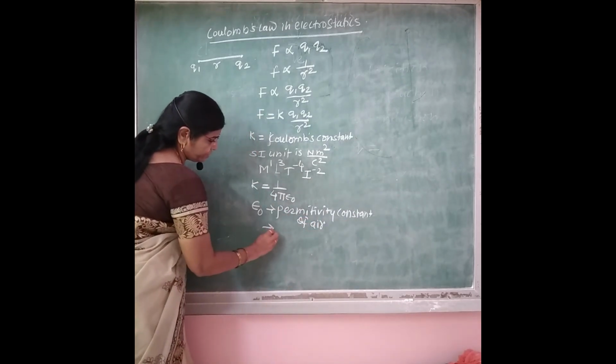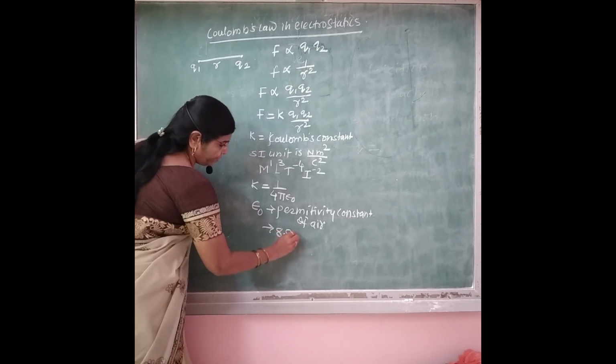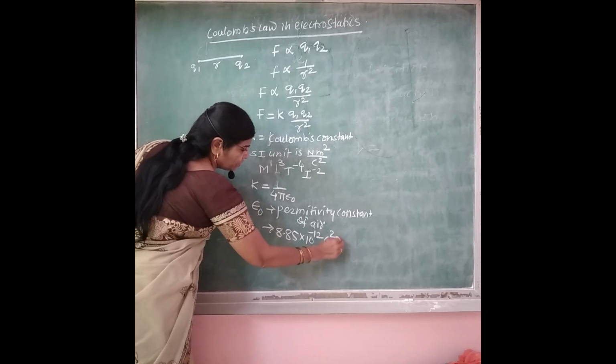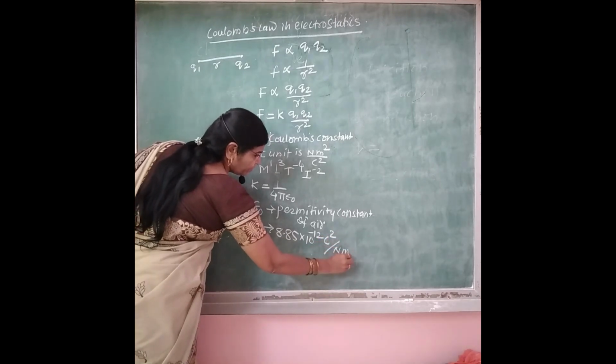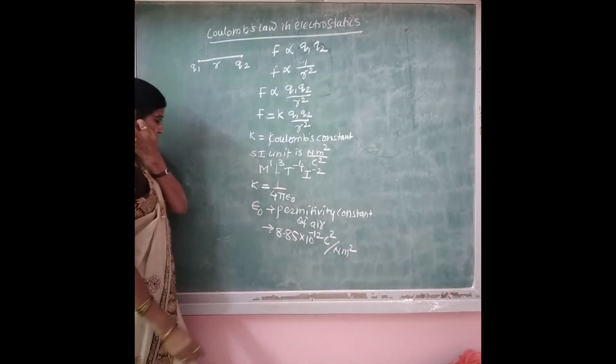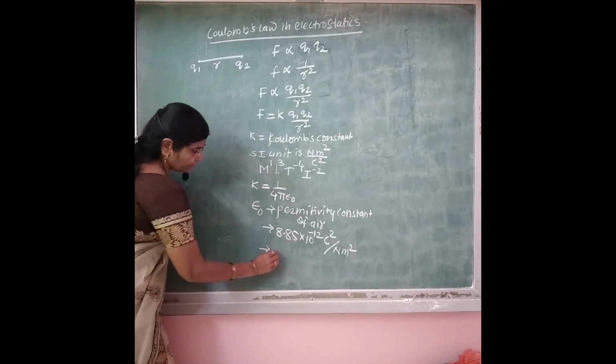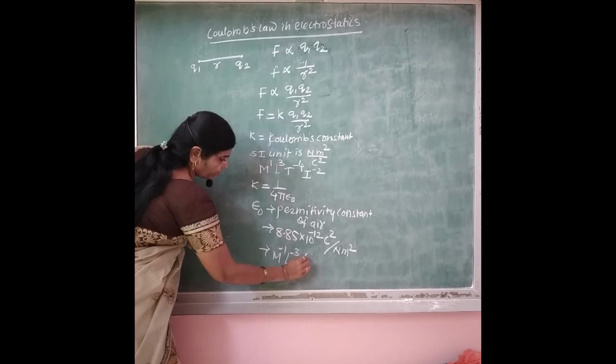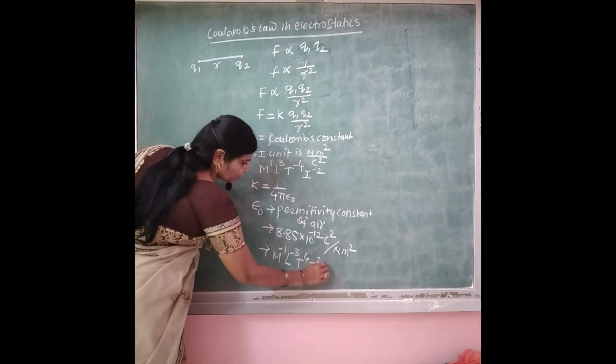Its value is 8.85 into 10 to the power minus 12 Coulomb square per Newton meter square, and the dimensions are M minus 1, L minus 3, T plus 4, I plus 2.